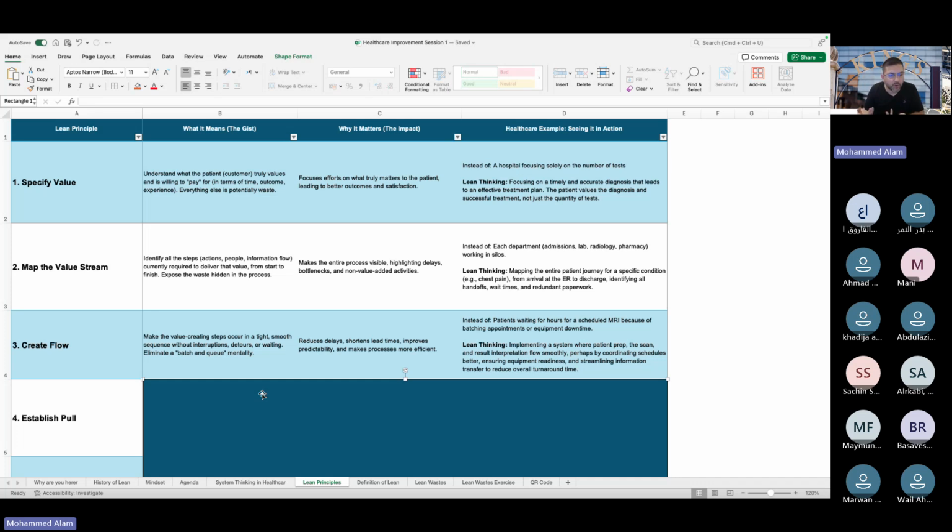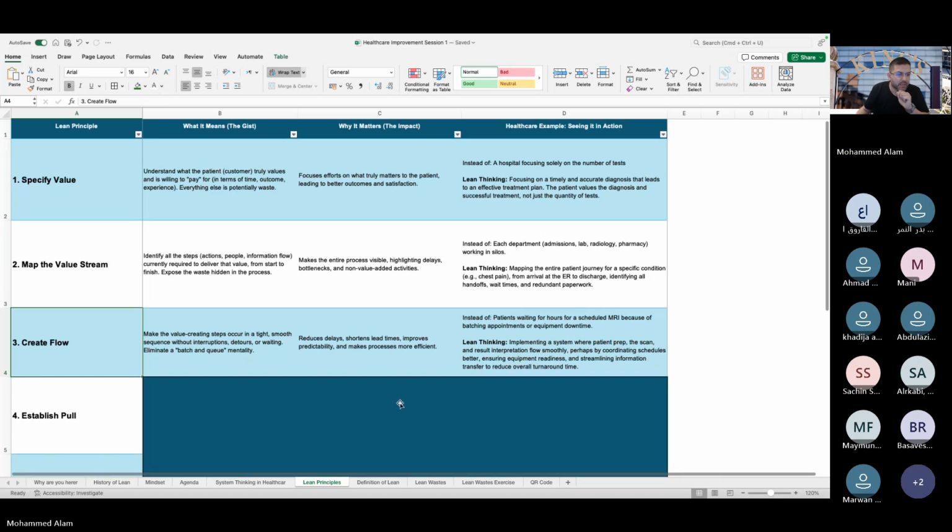The lab starts working on it, so nobody waits. Nobody is waiting for another sample to be collected, and a third and fourth sample. So this is what single piece flow means, and lean advocates for single piece flow. This is what create flow means in a lean environment. It reduces delays, shortens lead times, improves predictability and makes processes more efficient.